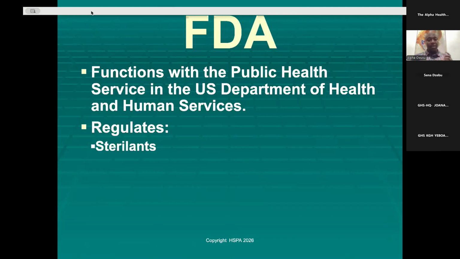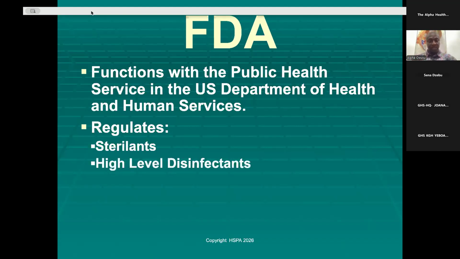What does it regulate? Now, the FDA, like I said, regulates the sterilant. And so the FDA is the sole agency. We should get to that level in Ghana, where they will make sure that the sterilant, for example, if it is low temperature hydrogen peroxide or gas plasma, or ETO, right, at what temperature the sterilant should reach to kill microorganisms.